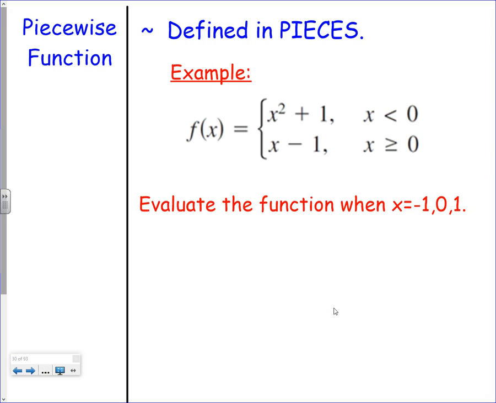So, down below when it says evaluate the function when x is equal to -1, 0, and 1, we can write f of -1, f of 0, and f of 1. We're plugging it into the function f. But what do we have to ask ourselves next before we do anything else? Which piece? F is defined in pieces, so we have to ask ourselves which piece -1 will have to go into.